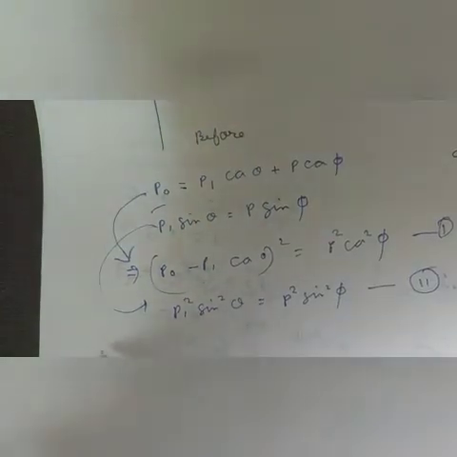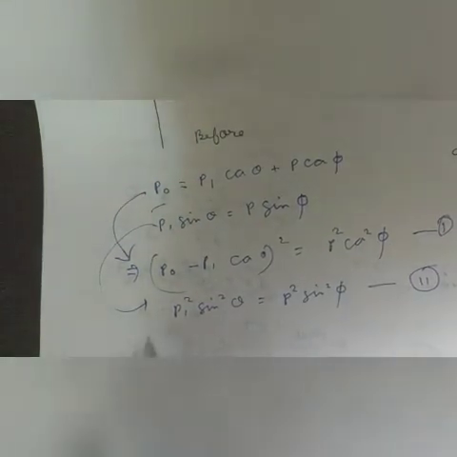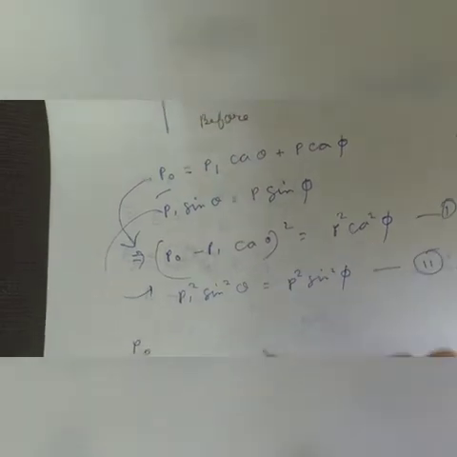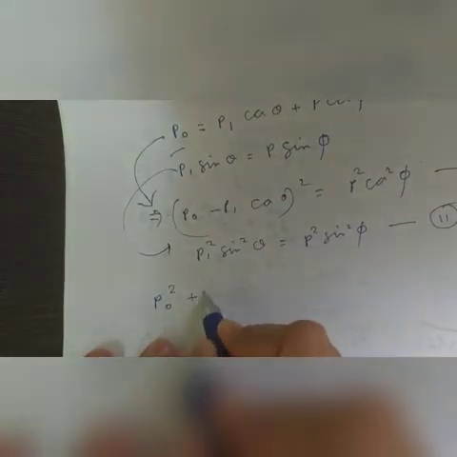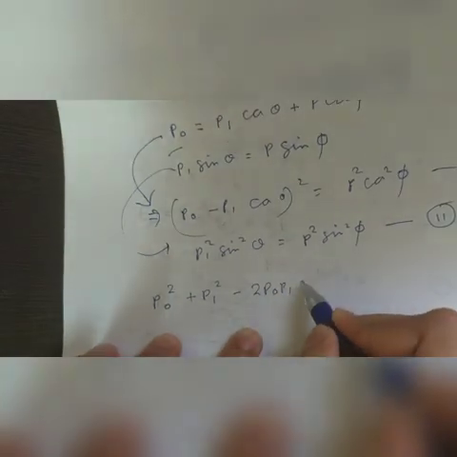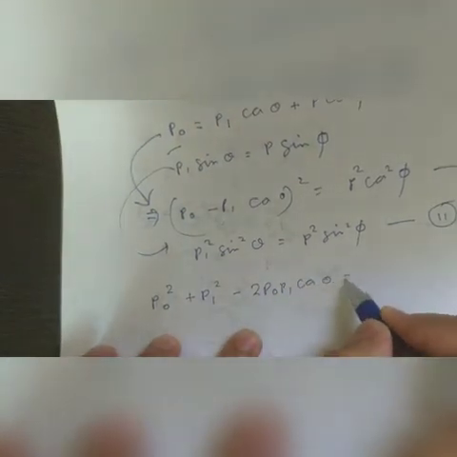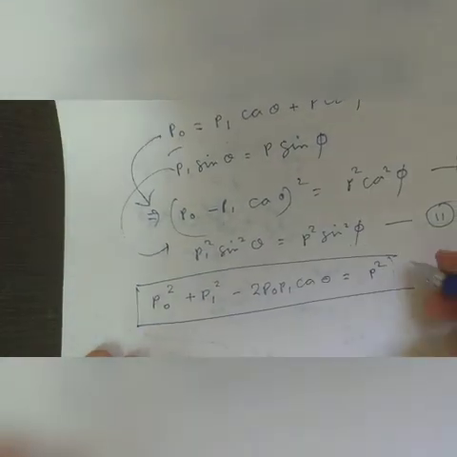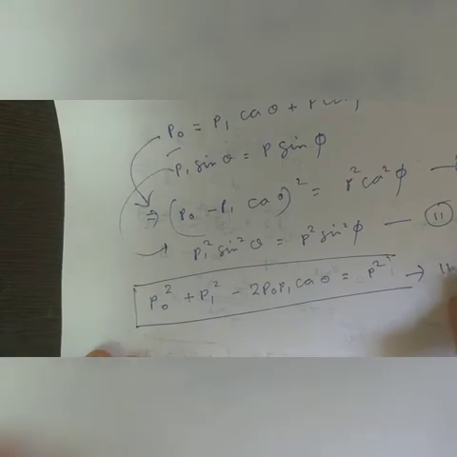After adding these two equations, we will get p naught square plus p1 square minus 2 p naught p1 cos theta equals p square, as equation 3.